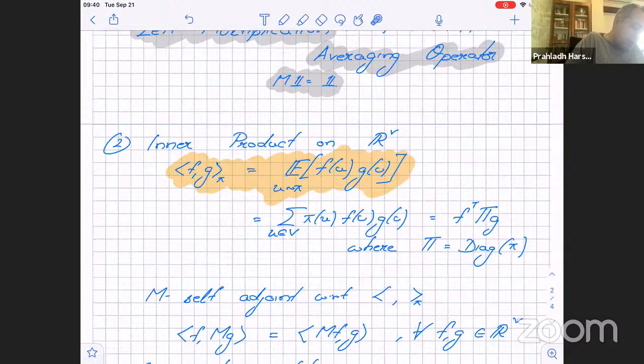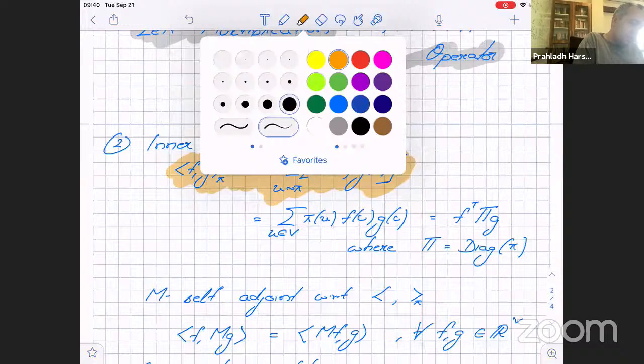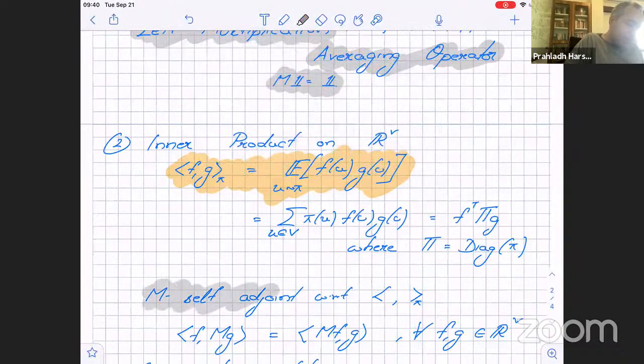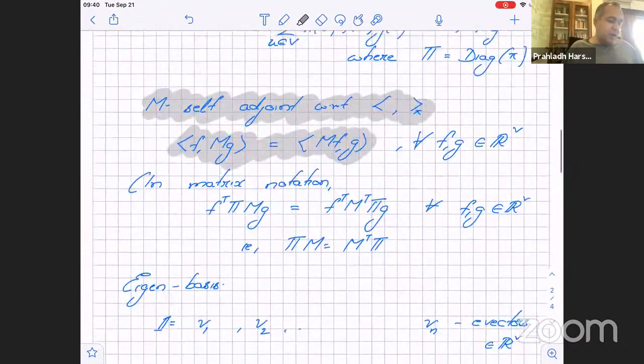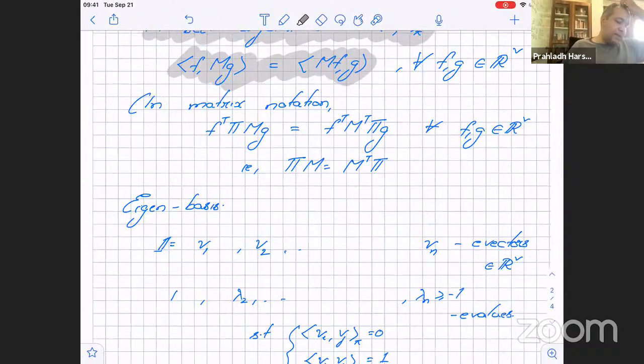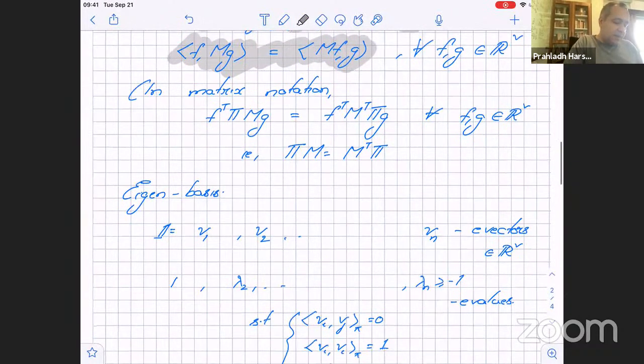The key property we noticed is that this random walk matrix is self-adjoint with respect to this inner product. In other words, <f, Mg> is equal to <Mf, g> for all f, g. And because it is self-adjoint, the spectral theorem implied that it has an eigenbasis. Basically, you have orthogonal vectors v1, v2, ..., vn, which are eigenvectors in R^V.